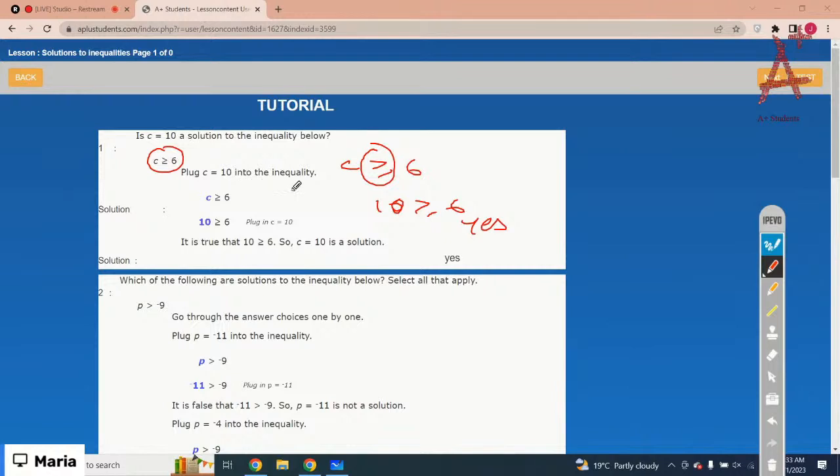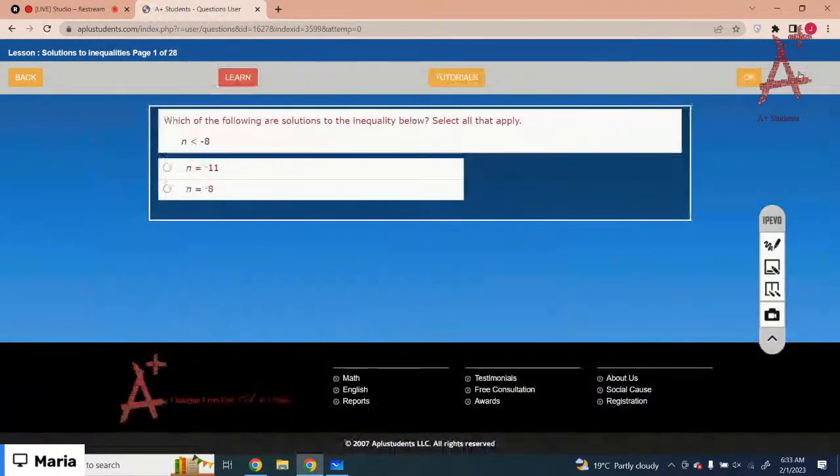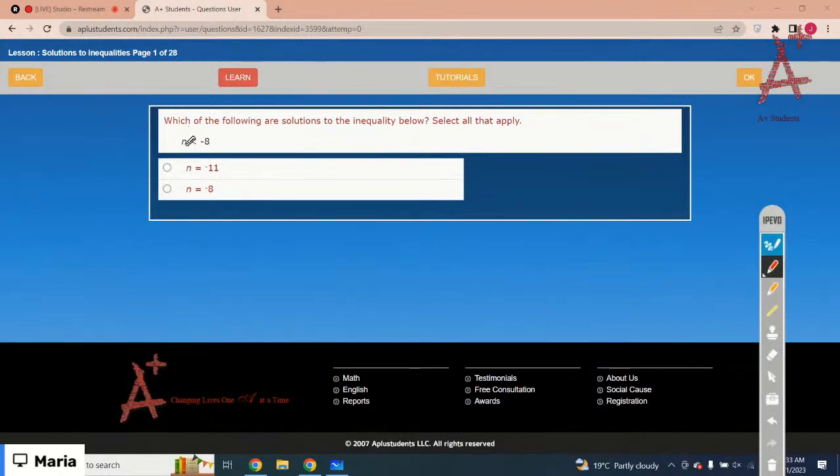Okay, let's just start with the test questions so that we can do practice questions. Solve, which of the following are solutions of the inequality below? N is less than negative 8. So you have two of the numbers given. Let's start with the first one.